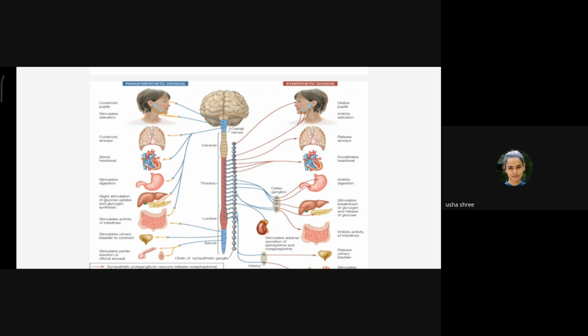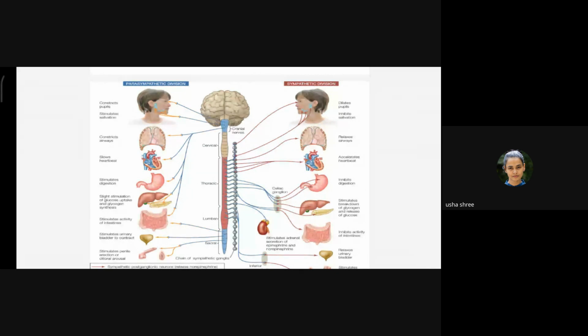Yes, very simple. And then it stimulates the urinary bladder to contract, and stimulates penile erection or clitoral arousal. Okay, in parasympathetic activation, penile erection or clitoral arousal is observed.